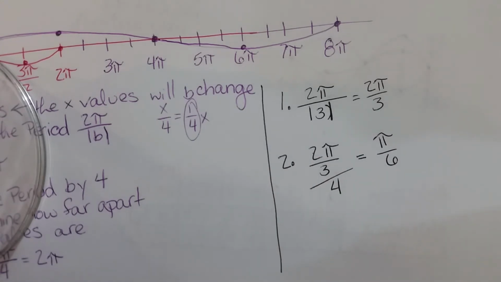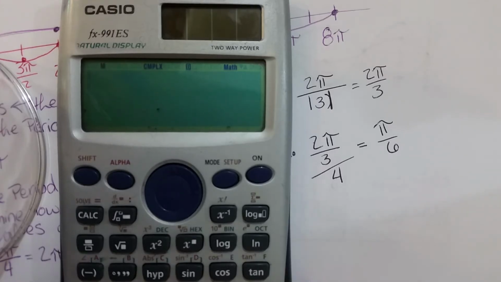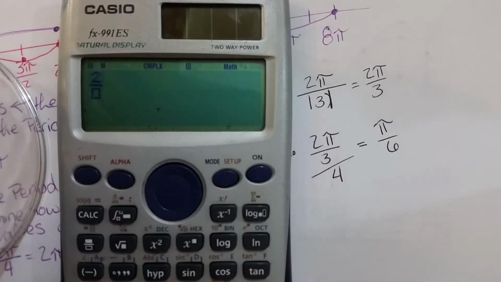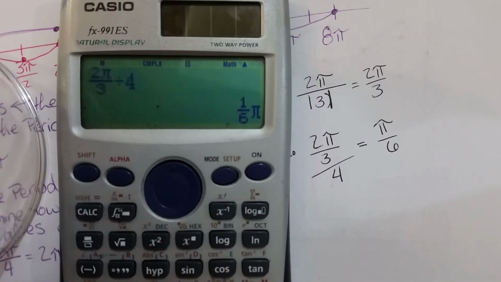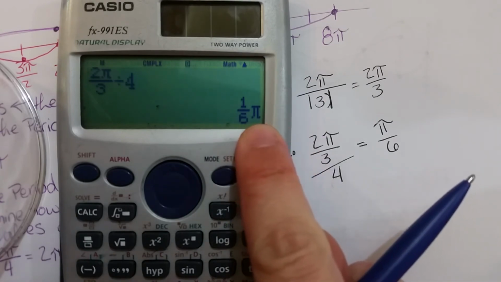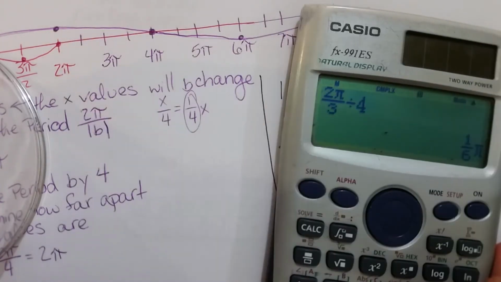And if you need to, you can definitely use a calculator to do these calculations. So for example, here you could have done 2π over 3 and then divide the whole thing by 4, and it'll tell you 1/6 π. All right, so here's what that means.